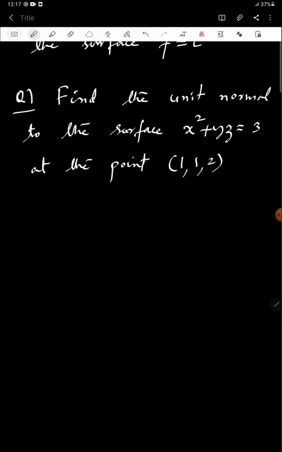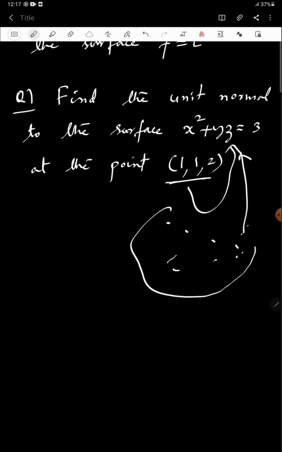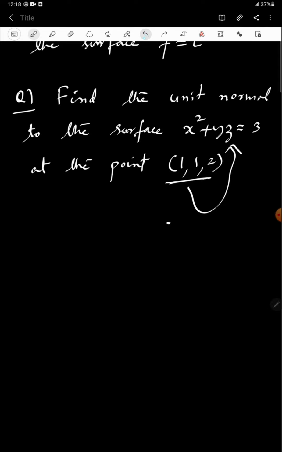You can see very easily that this point satisfies this equation. Similarly, many other points may also satisfy this equation, and whatever points satisfy it will all make one surface. Back to the point: this point satisfies it because 1 square plus 1 into 2 is 1 plus 2 equal to 3. Now the question is, we have to find the unit normal at this point.